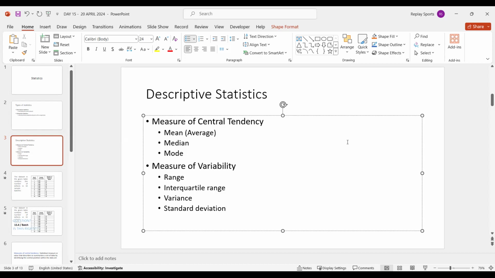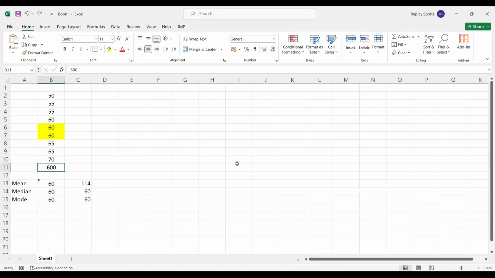First let's see what each of these things mean, and then we'll talk about the importance of these. I'm going back to the same original sheet. Let me delete this 600, so we'll have only this data.